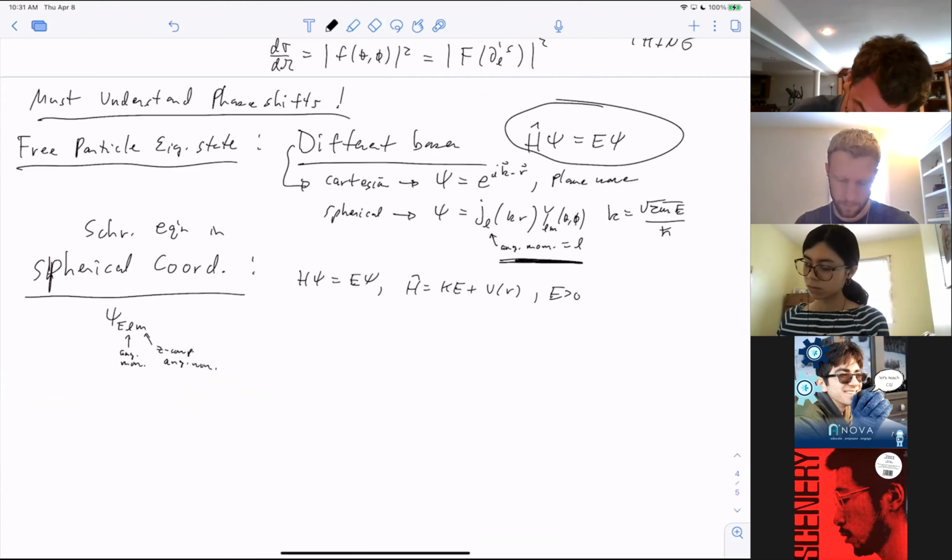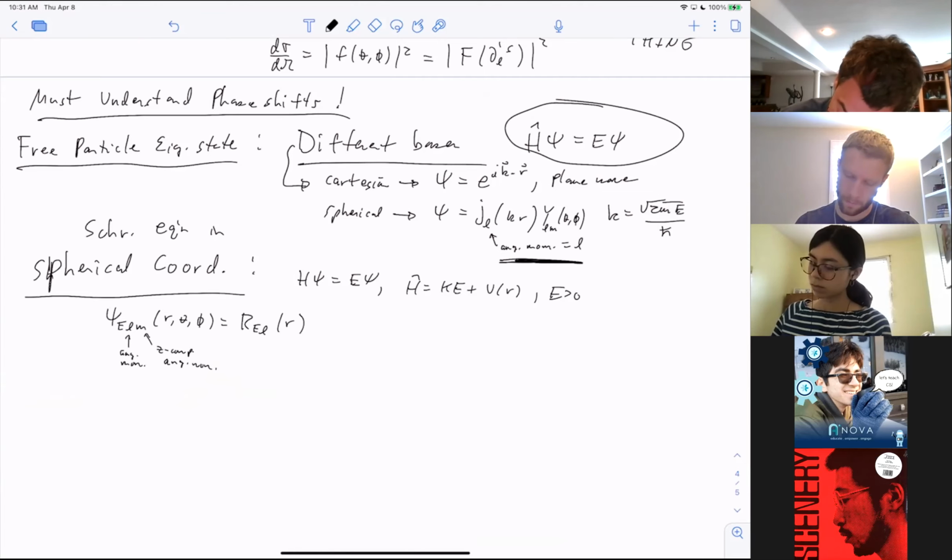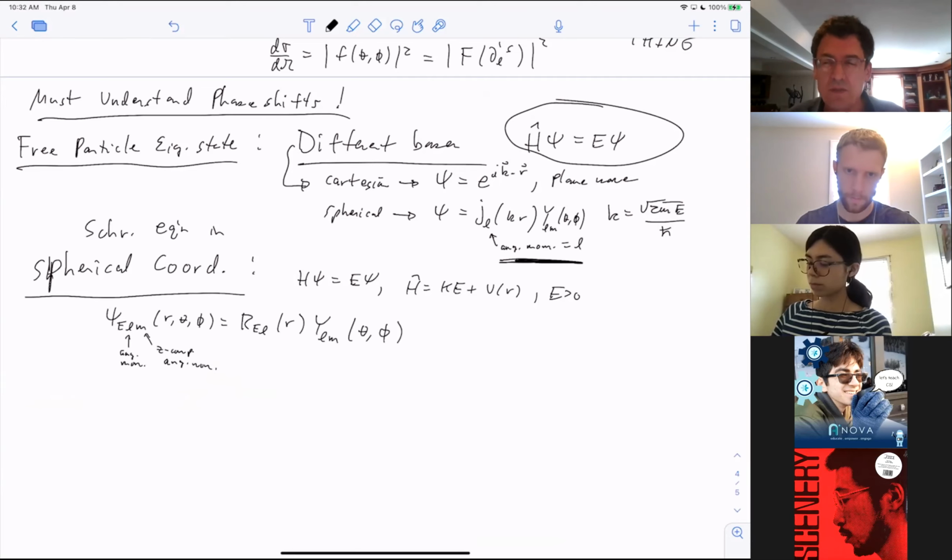When you write the eigenstate, it has a radial component that depends on energy and L, and then the spherical harmonic, which depends on theta and phi. That should look familiar.